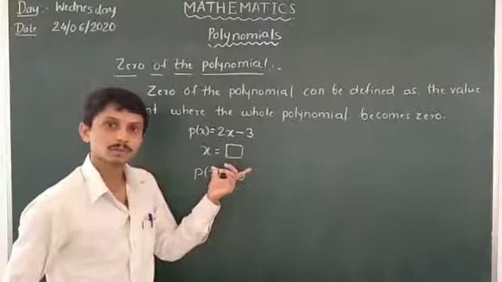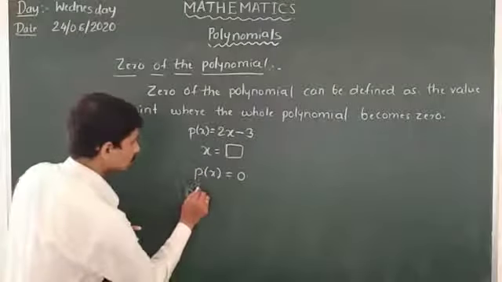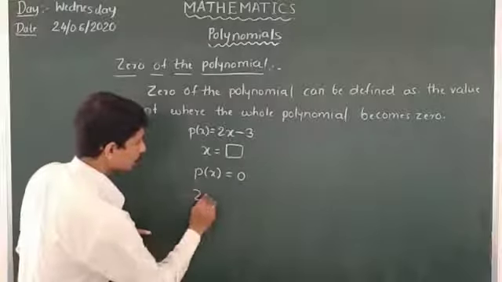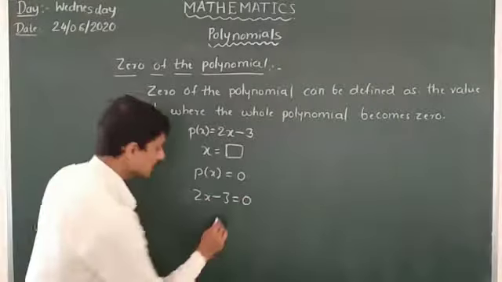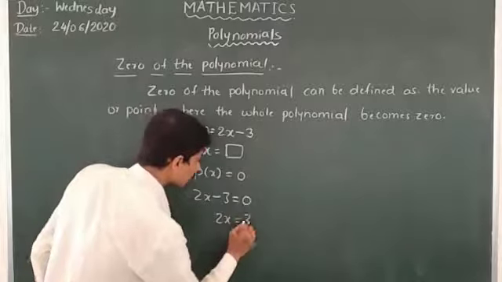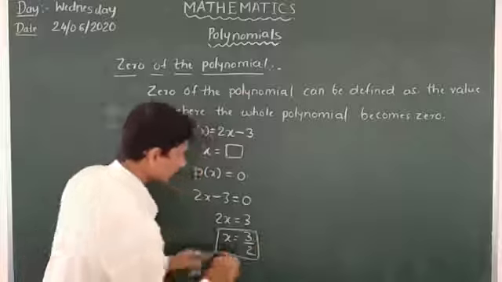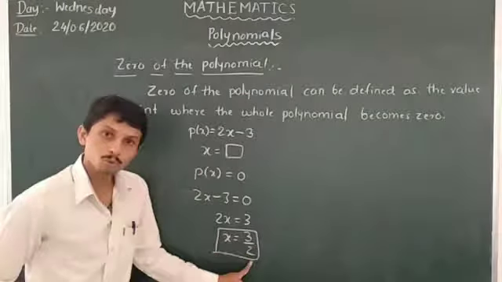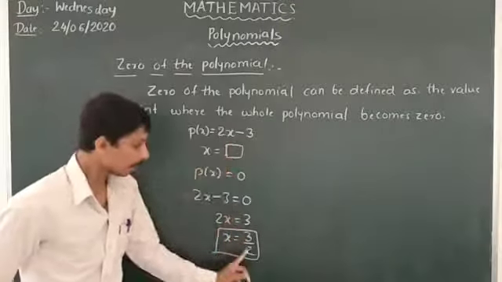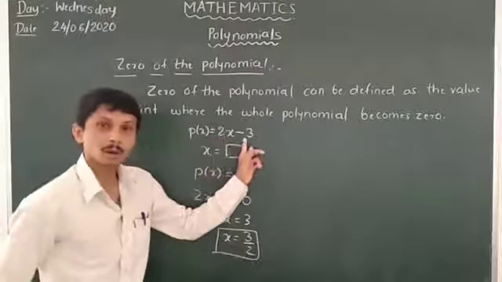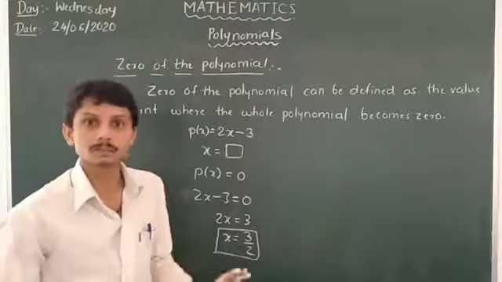I hope you understood that. So we have to equate p of x is equal to 0. That means 2x minus 3 is equal to 0. We transpose minus 3, so 2x is equal to 3. X is equal to 3 by 2. That means if we substitute 3 by 2 in this polynomial, the polynomial becomes 0 on the whole.